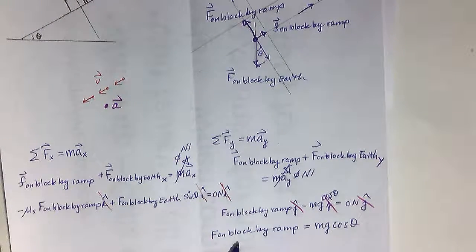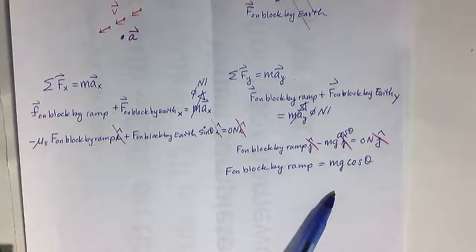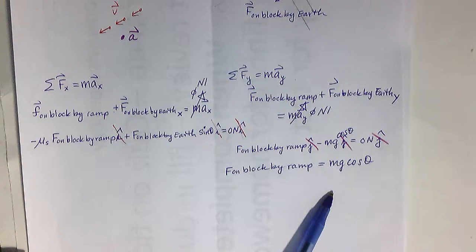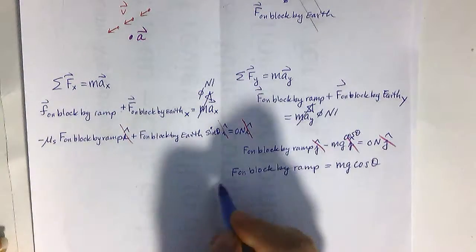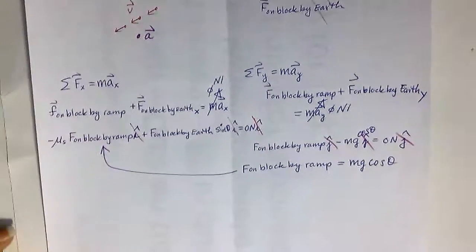Okay, so notice here the normal force is no longer equal to the weight. Remember, this is not always the case, so you have to be careful. You have to look at the scenario. Okay, we can now substitute this in right here.